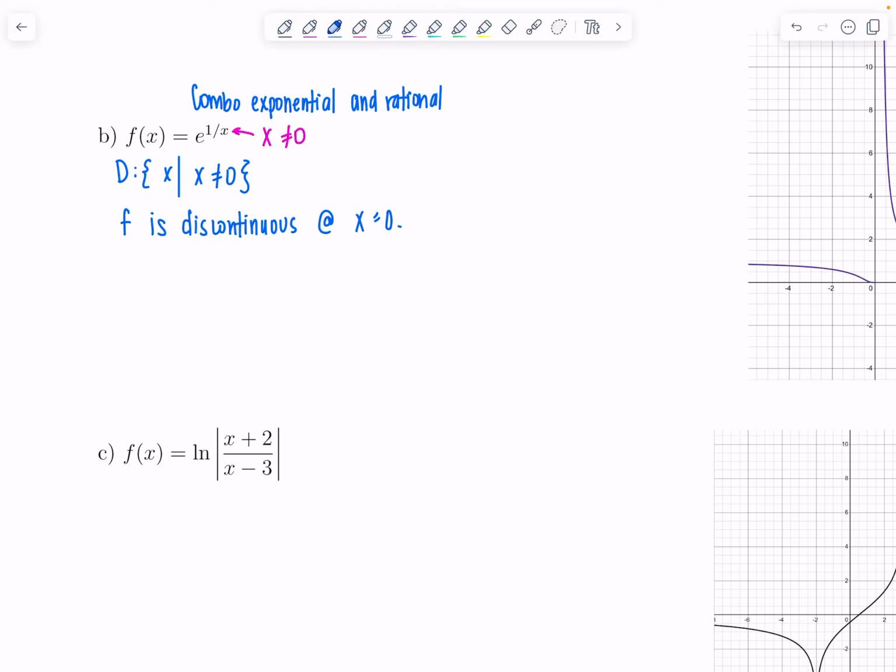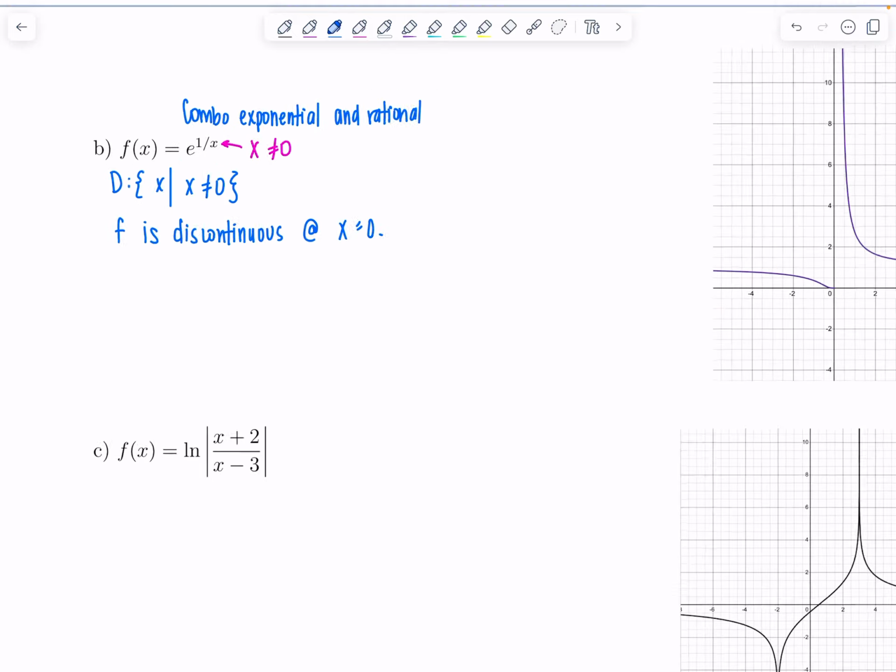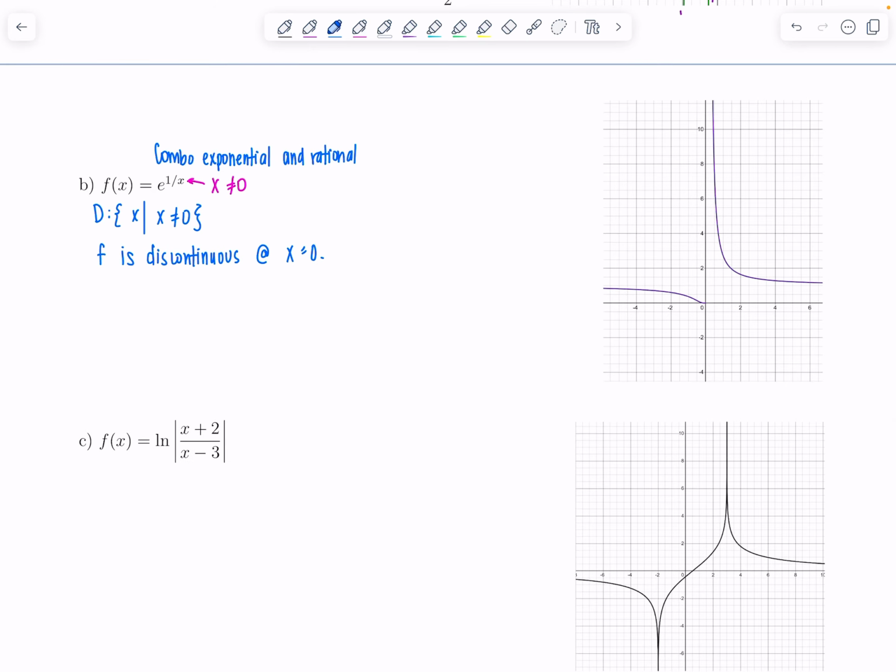Okay, I happen to have the graph for you right here. And this is e to the 1 over x. So let's identify the limit as x approaches 0 of f of x. And remember, in order to do that, first we need to look at what's the limit as x approaches 0 from the right of f of x, and then what's the limit as x approaches 0 from the left.